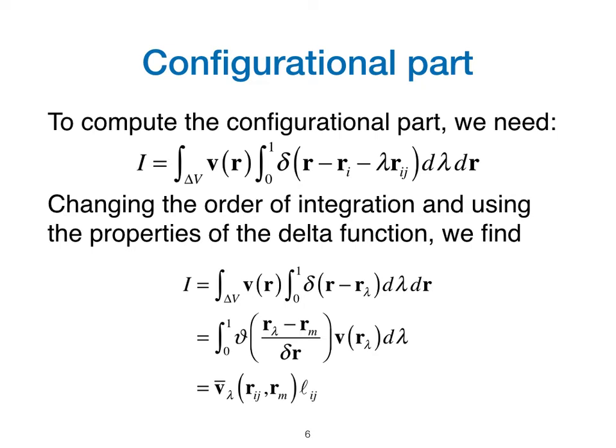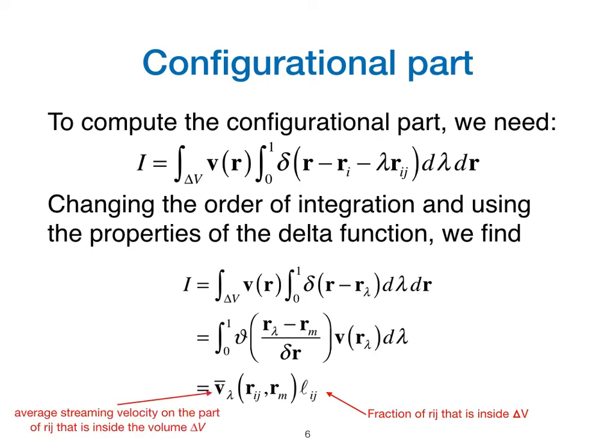When we do that, we end up with a result at the bottom which involves the length of the part of the vector joining particles i and j that are interacting, the length of that line segment that's within the volume V, and we have an average streaming velocity on that part of the vector r_ij. So that's the average velocity over that part of the line segment that's in the volume V.